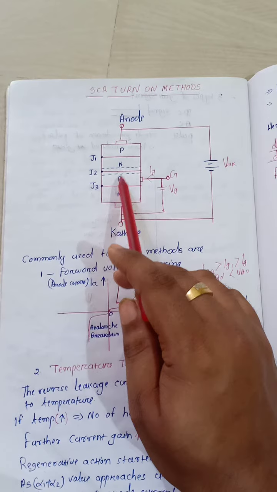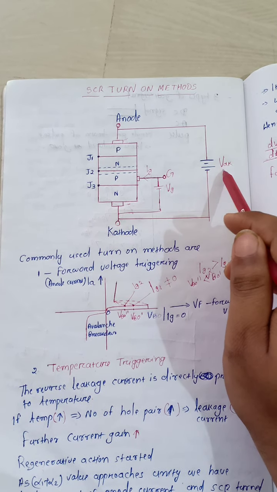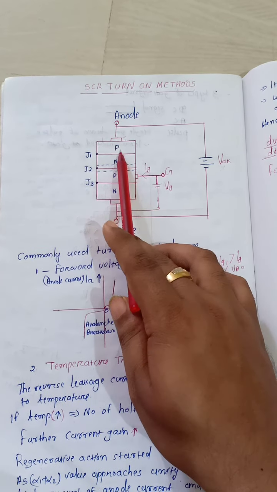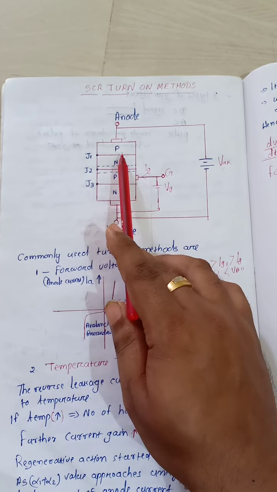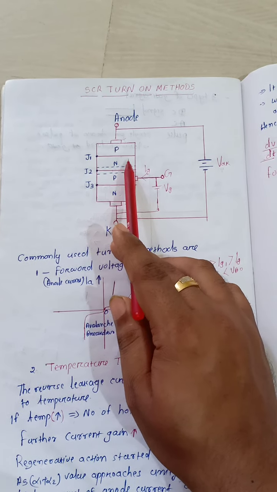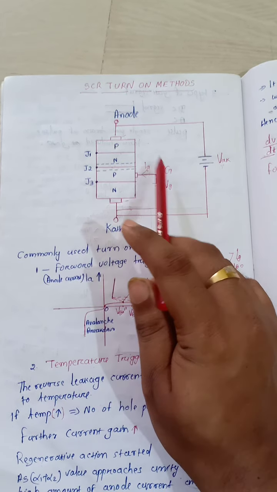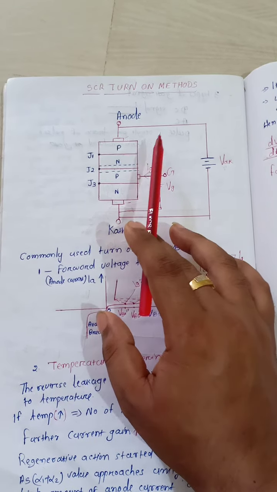So when will this conduct? Whenever VAK is greater than or equal to forward breakover voltage, this depletion layer breaks down and allows the flow of current. Before forward breakover voltage, we have a very small leakage current flowing through this device. After forward breakover voltage, the anode current starts rising and will become constant after some time.